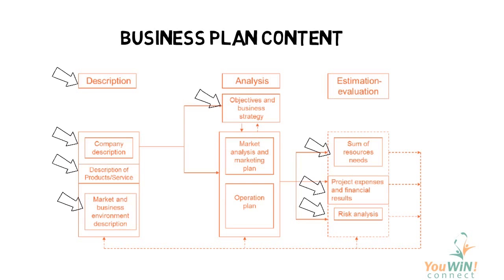First is the company's description, second, analysis, and third is the estimation and evaluation. The important thing is to make sure that in writing the business plan, there is consistency between the 3 parts of the business plan.